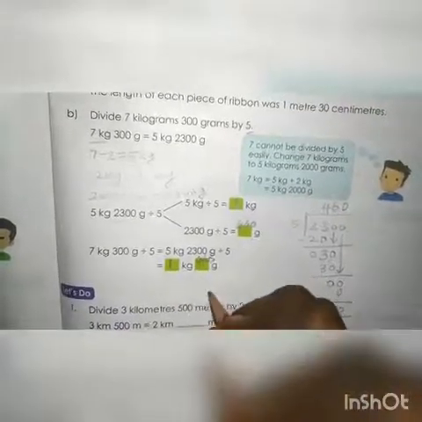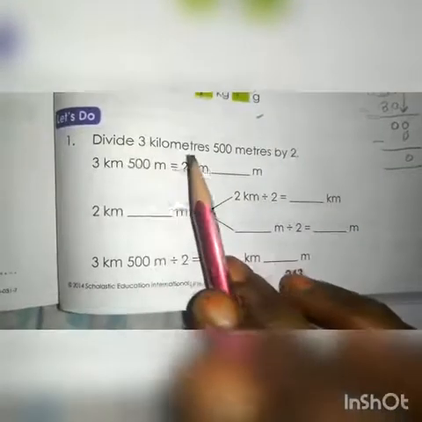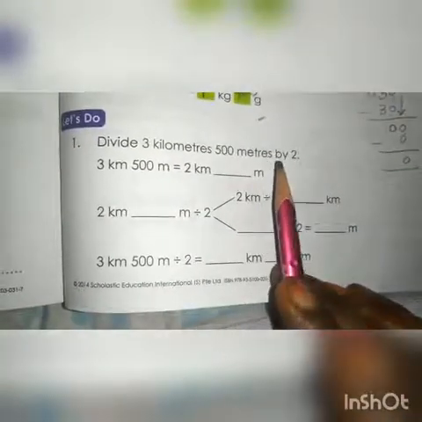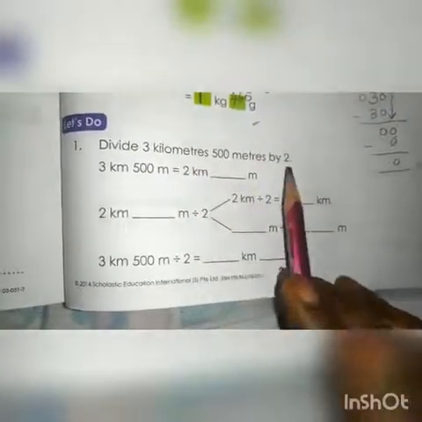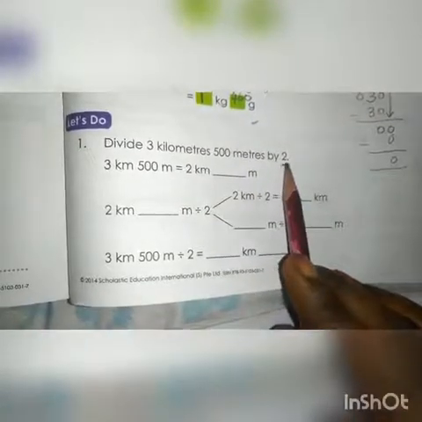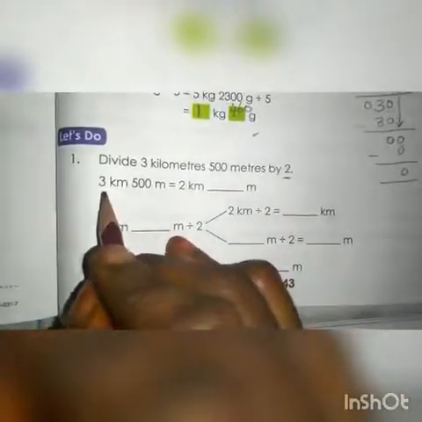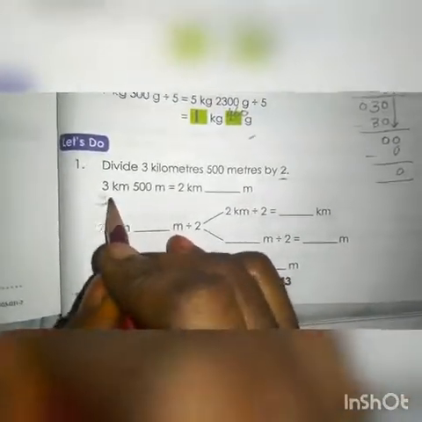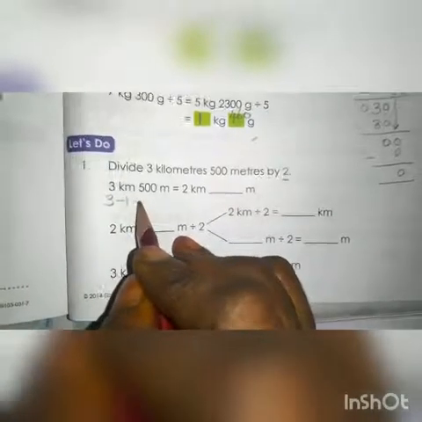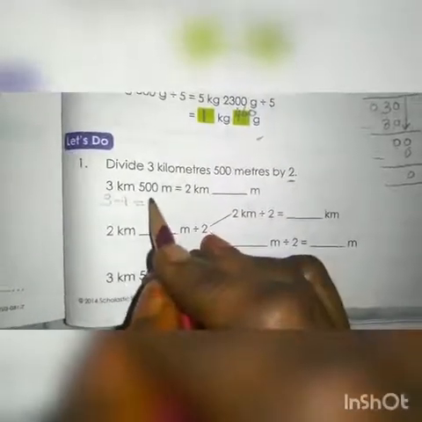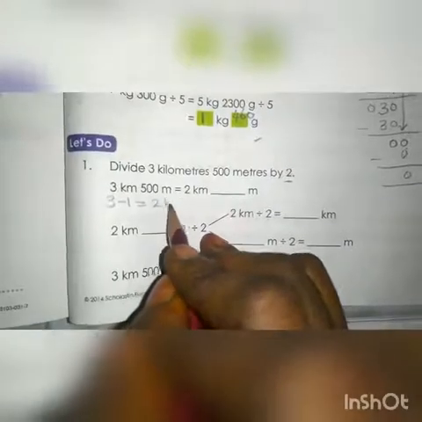Divide 3 kilometers 500 meters by 2. We have to divide this with 2. Here 2 is given for division. So we have to convert 3 kilometer as 2 kilometer. So how do we do it? Subtract 1 kilometer from 3 kilometer. So 3 minus 1 is 2 kilometer.